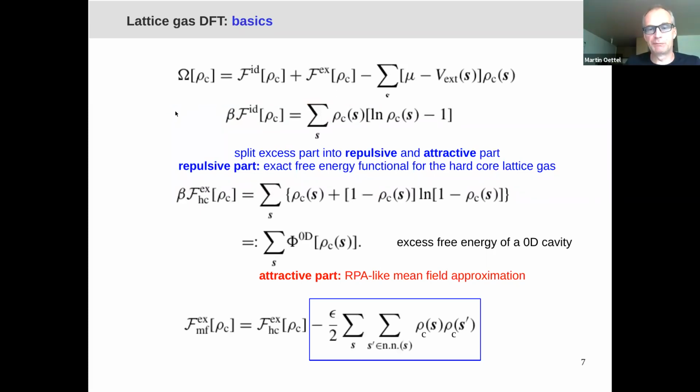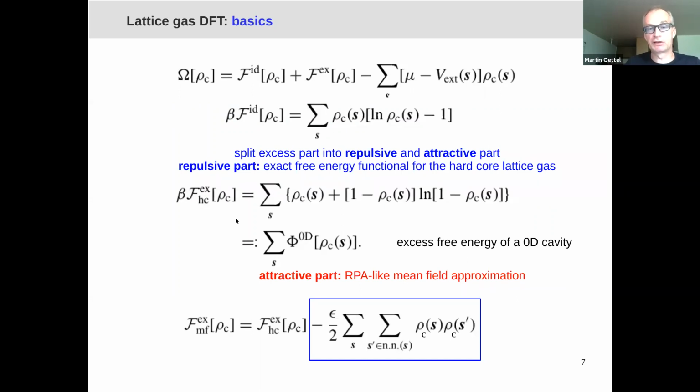And here I give just the basic equations of DFT in terms of the grand potential functional, in terms of a particle density, which I call here rho C for rho colloid. So I see it as a colloidal model. And so one deals with a problem which has a repulsive and an attractive part in the pair potential. And then you can split it in the usual way.